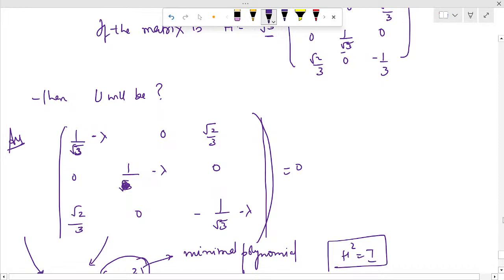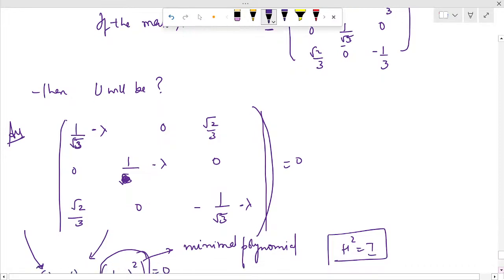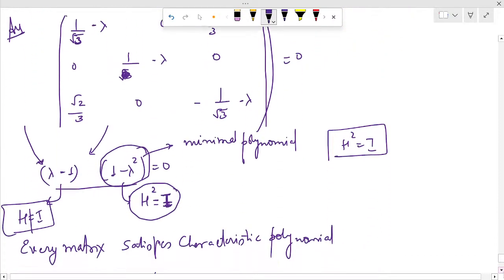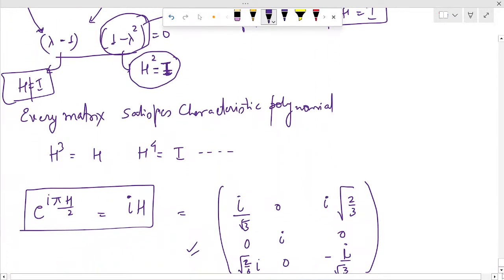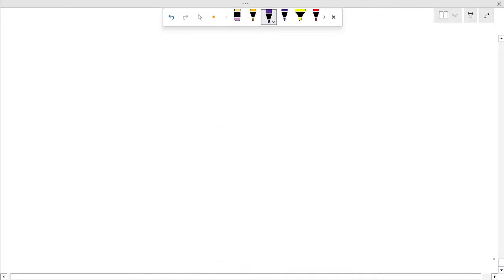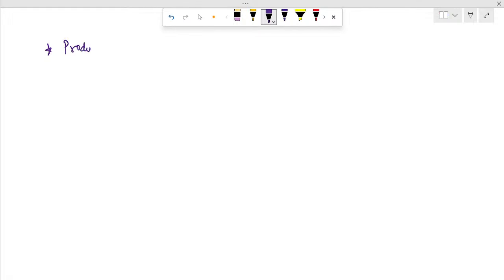Okay, so in this category you have seen eigenvalues and eigenvectors. Again, one of the important concepts that has been asked is the product of eigenvalues and the determinant.